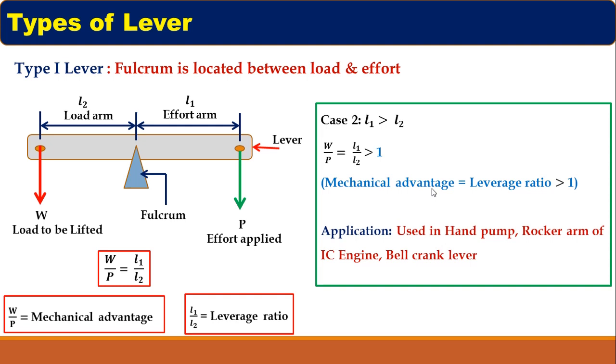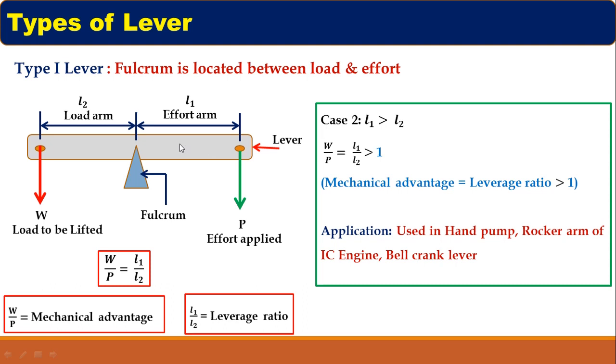These are the applications of this lever: it is used in hand pump, rocker arm of IC engine, and bell crank lever. Remember, you will come across one term, bell crank lever, and that term is related to the position of the load arm and effort arm. If the effort arm and load arm are in one line, just like shown in this diagram, then it is not a bell crank lever.